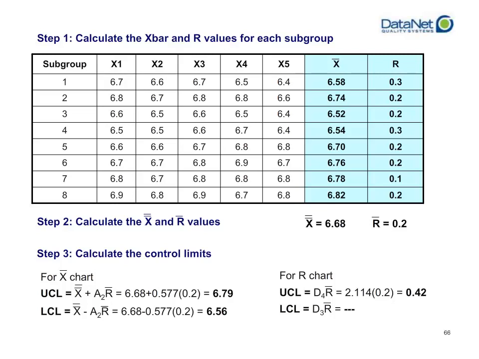That will give you your upper control limit. Your lower control limit is your grand average, your X double bar, or your process average, minus A2 times your R bar value.